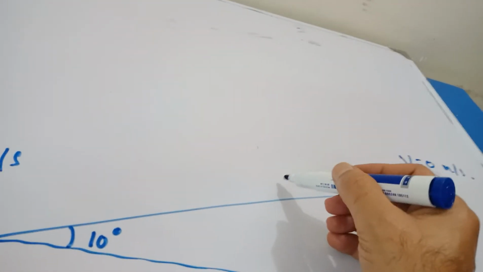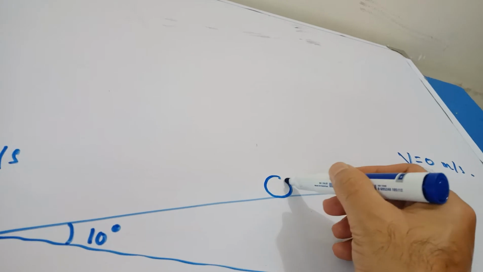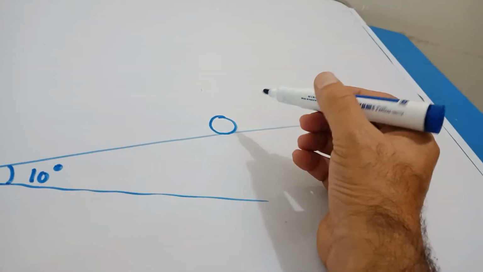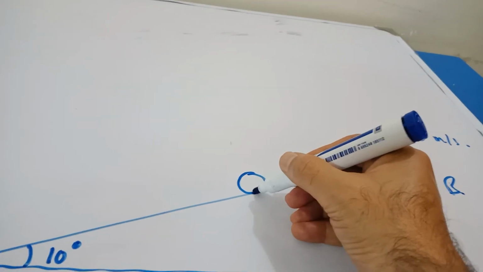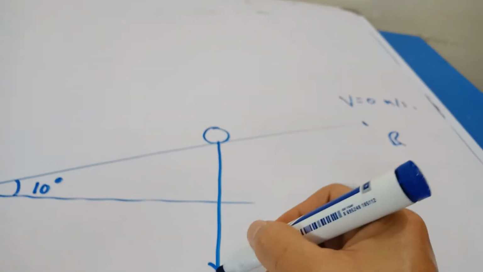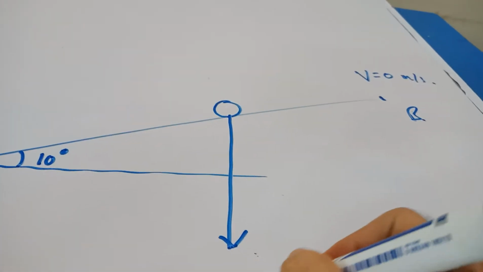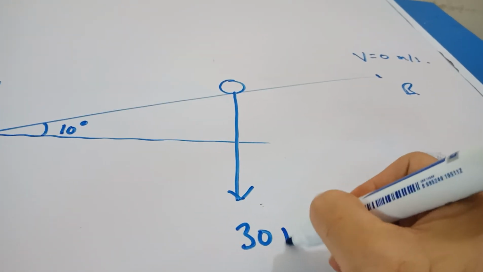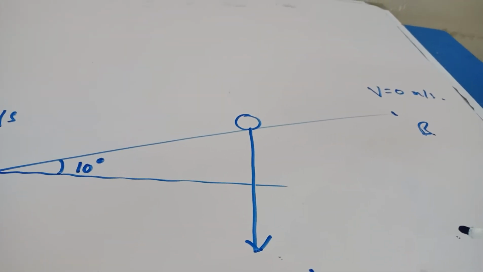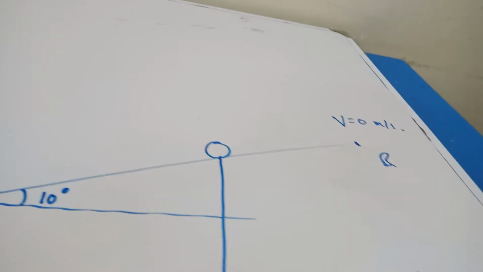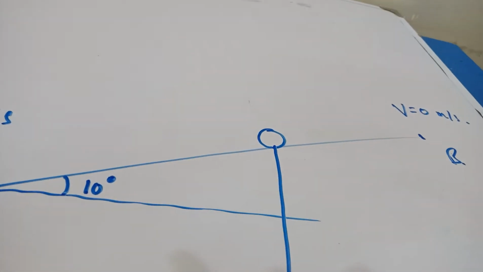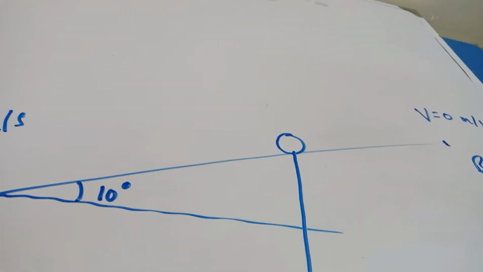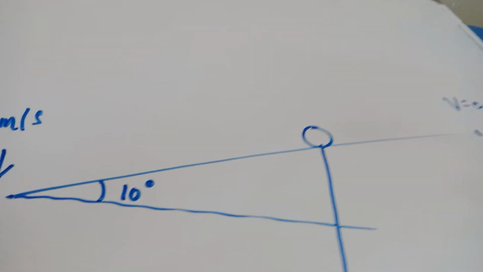So I'm going to show that ball over here whose mass is 3 kg. I'm just going to show its weight vertically downward, which I have to mention as 30 newtons. Now please remember that when you're rolling this ball up the slope, there is no upward force on the ball. You've just given it an initial push.